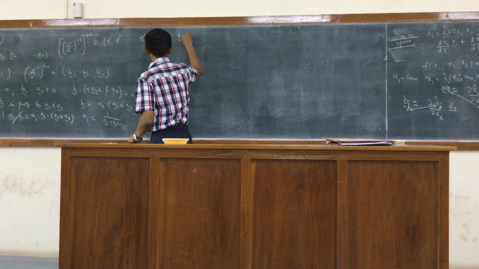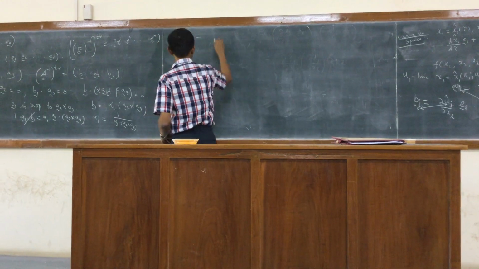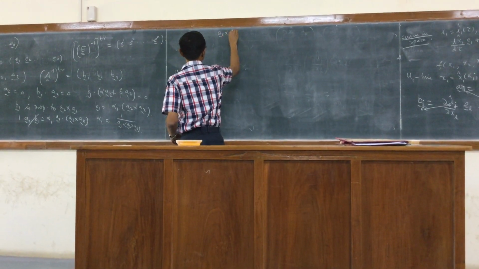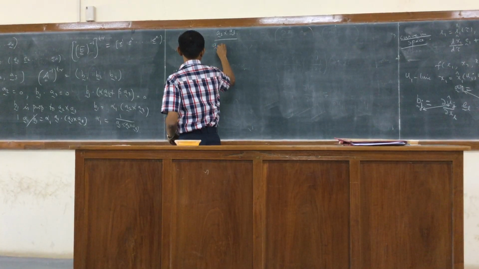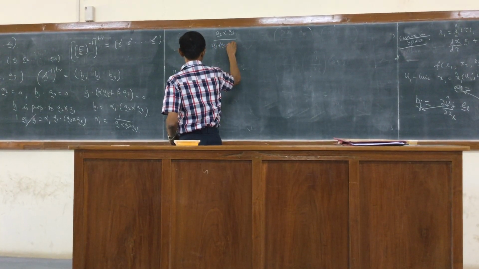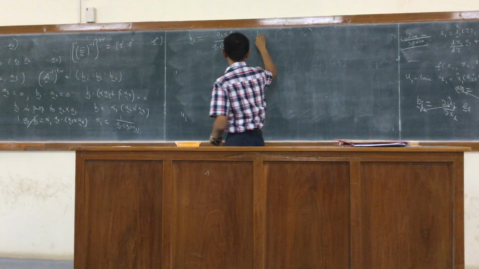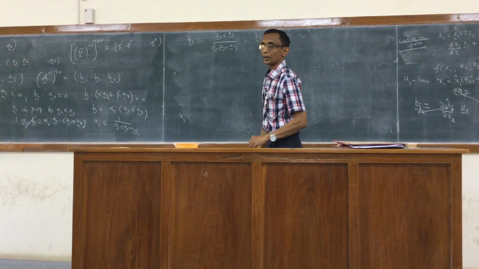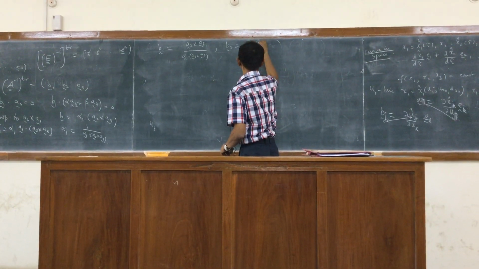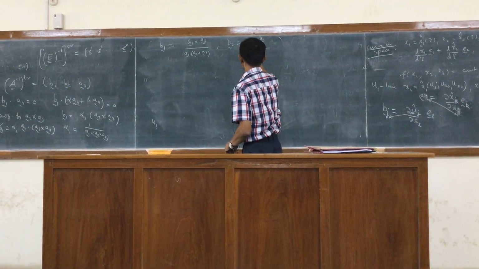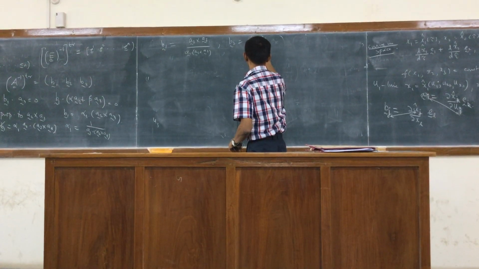So B1 given A1, A2 and A3 can be written as A2 cross A3 divided by A1 dotted with A2 cross A3, and it can be easily shown; leave it as an exercise. B2 then would be given by A3 cross A1 divided by the same quantity, A1 dotted with A2 cross A3.